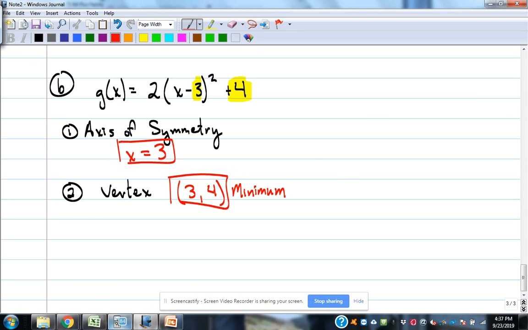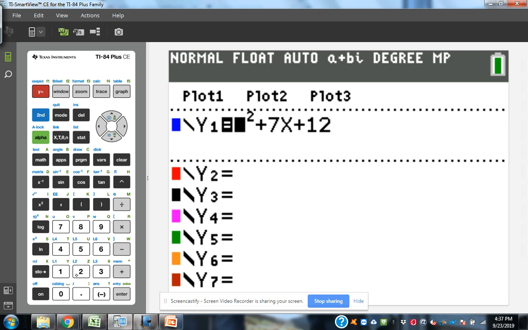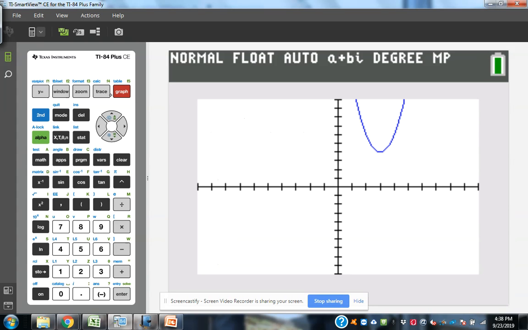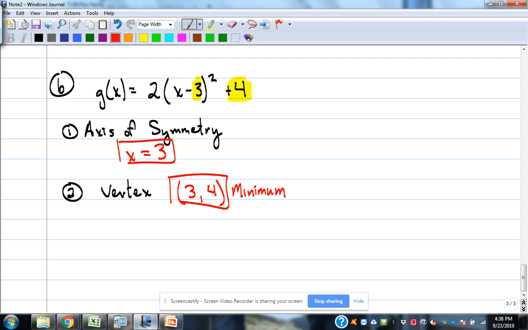If we're ever in doubt, all we've got to do is go to our calculator and type in the problem. 2 parentheses x minus 3 close parentheses squared plus 4. So I'm just typing that equation in just like it's written and hitting graph, and I can see the picture of it showing up there. So I see that going on there.